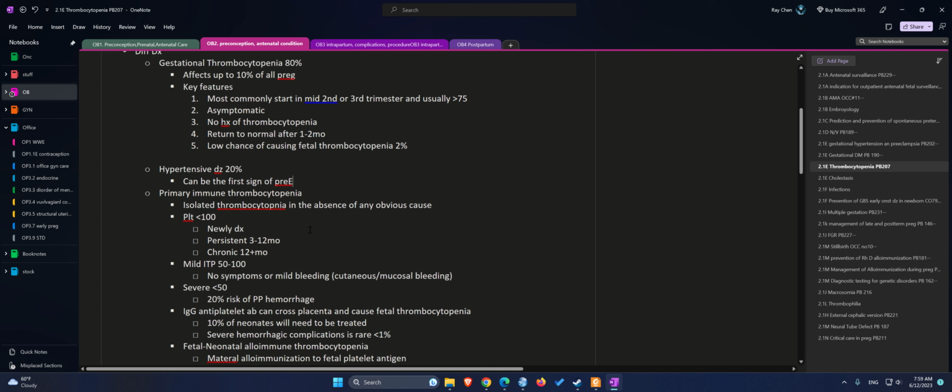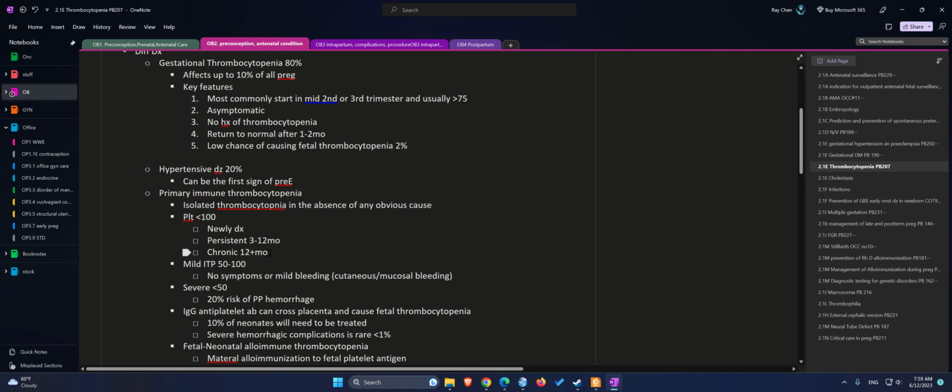Primary immune thrombocytopenia. Isolated thrombocytopenia in the absence of any obvious causes. Platelet level is less than 100. It's divided by duration: if it's newly diagnosed, or if it's 2 to 12 months, it's persistent.